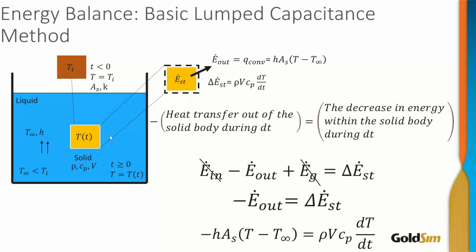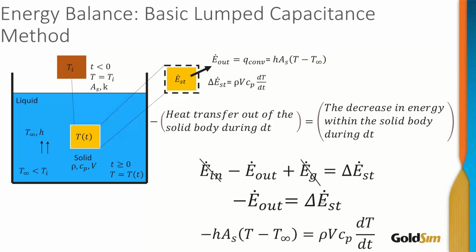In this example, the body has an initial energy, an initial temperature, and energy is leaving the body via convection to the outside environment. So if we simplify our energy balance, there's no energy coming in and no energy generated within.